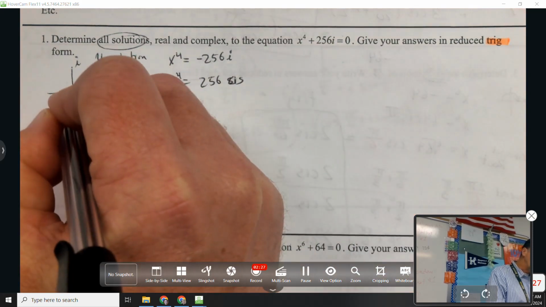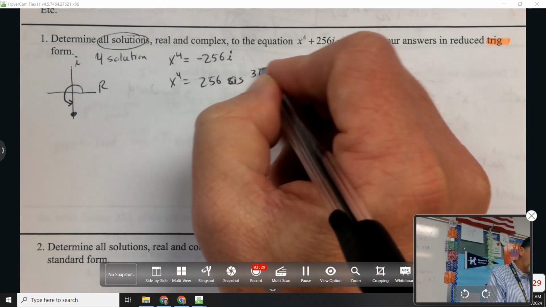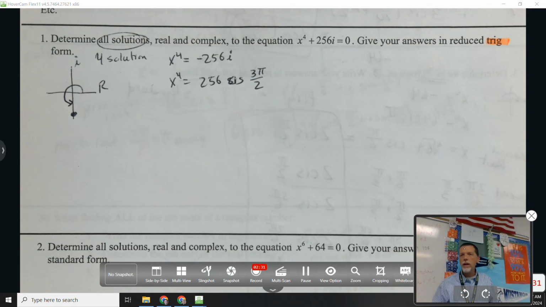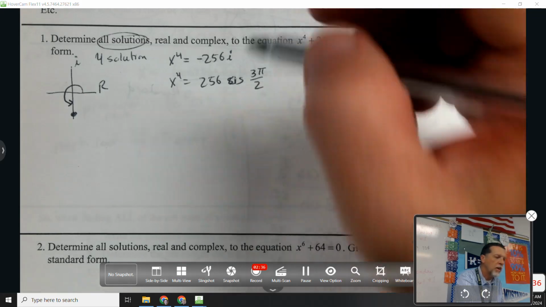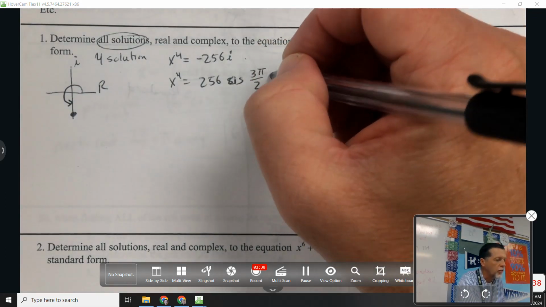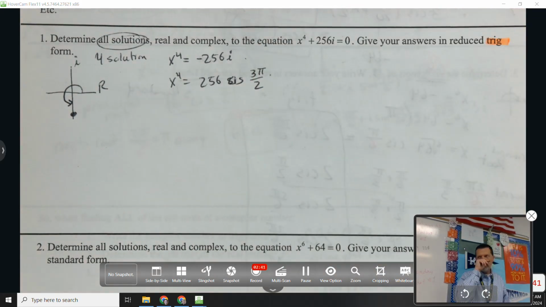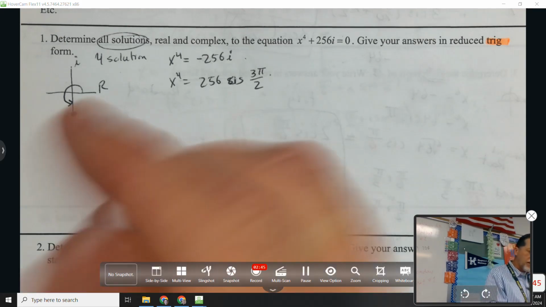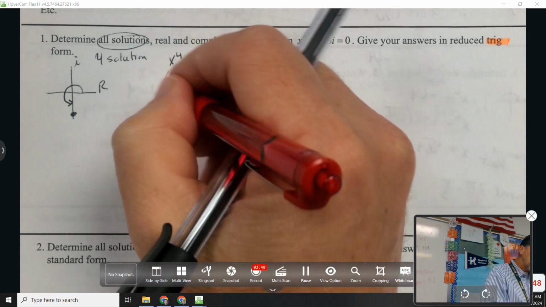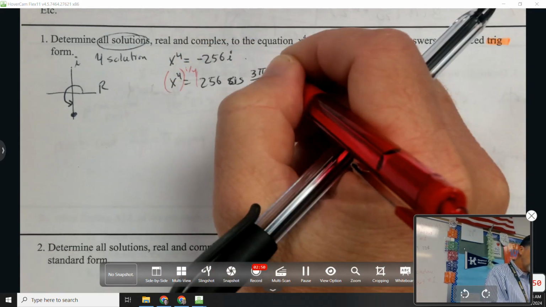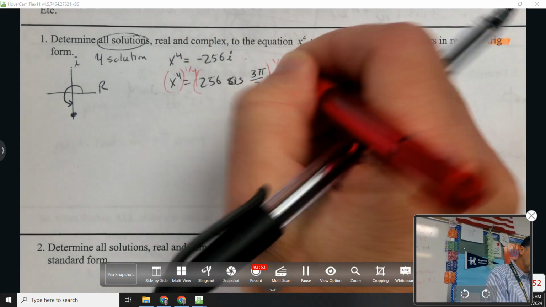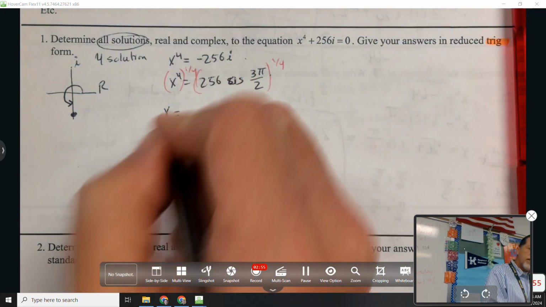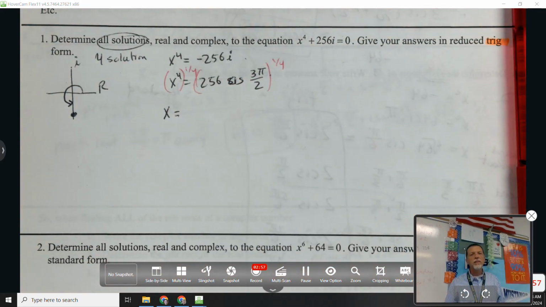So that angle is 3 pi over 2. We converted from standard form to trig form. We need it in trig form so that we can do the trick with the 1/4. So now we'll raise each side to the 1/4. So x equals, that's the easy part, 256 to the 1/4.